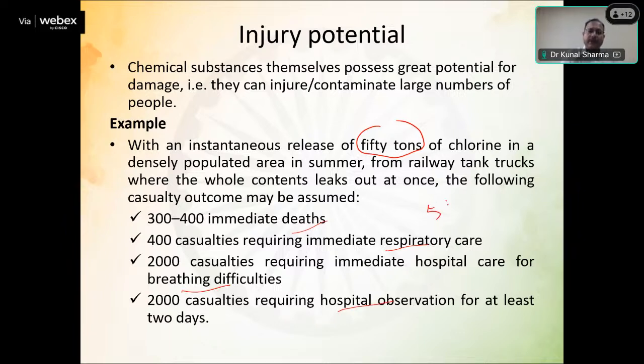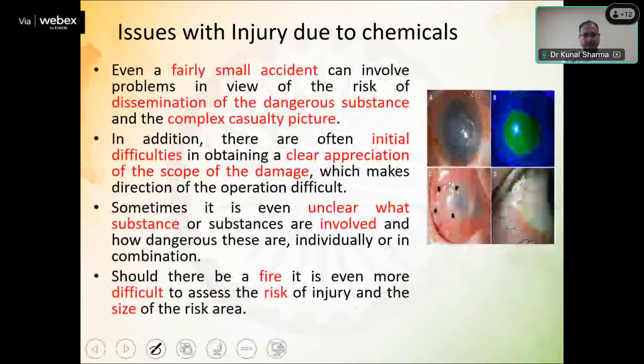Around 5000 people in a community are impacted by a chemical accident or incident. The community is large and the figure is very high for any responders to handle. So the issue with injury due to chemicals is that even a fairly small accident can involve problems, in view of the risk of dissemination of the dangerous substance and the complex casualty picture.